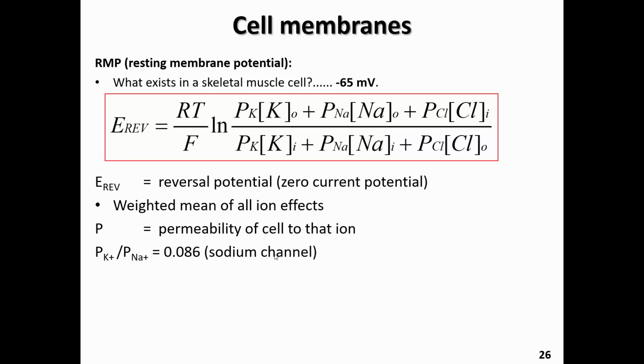And when we look at permeabilities, the ratio of the permeability of potassium to sodium for a sodium channel, we see that it's very, very low. That tells us that sodium channels are uniquely specific to sodium ions. If we take a look at the permeability of protons to sodium ions, it's actually quite high through a sodium channel.